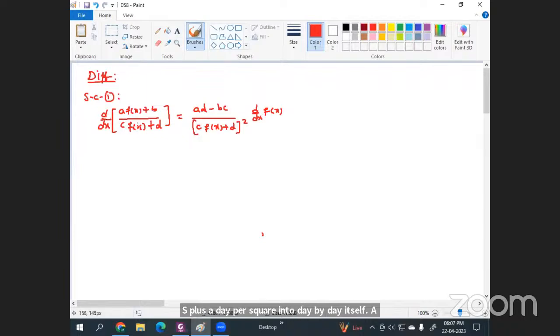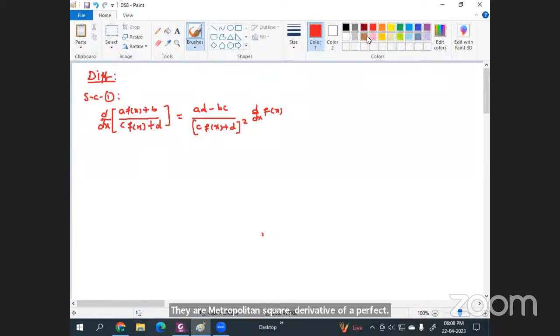Now, when you apply this rule, it is easy to memorize. It's not so difficult to remember this formula. In the denominator, we have c into f of x plus d. Actually, it is the quotient rule concept, so the denominator will be c into f of x plus d whole square. Derivative of f of x we have to do.